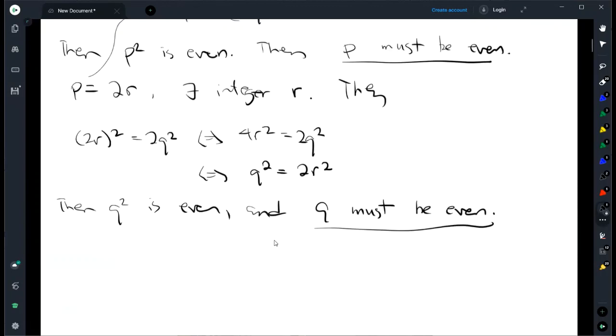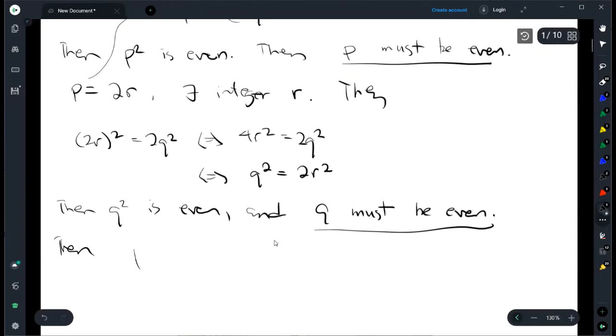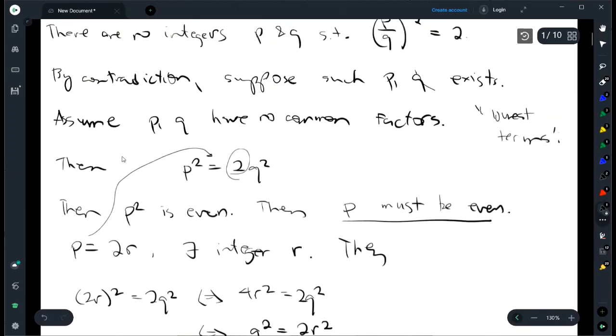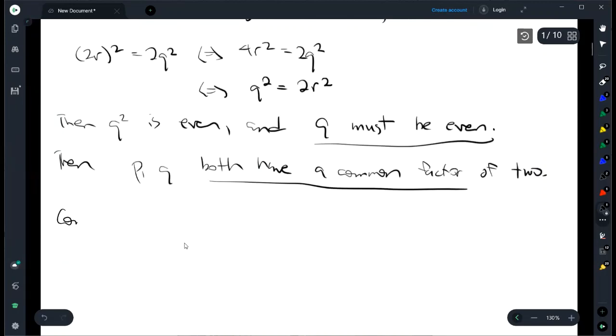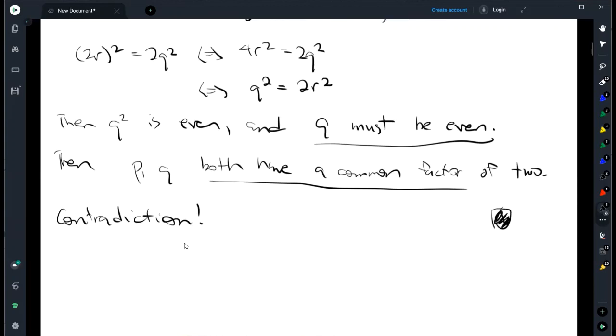Because now P and Q are both even, then P and Q both have a common factor of 2. Now, this contradicts the previous assumption that they must have no common factors. And therefore, we arrive at the contradiction. So therefore, indeed, the theorem is true.